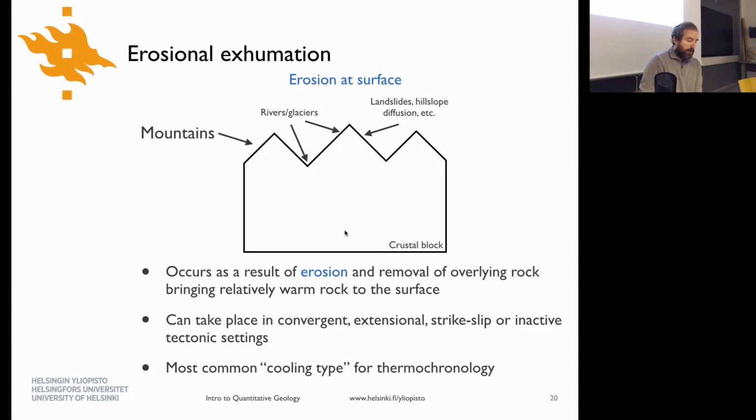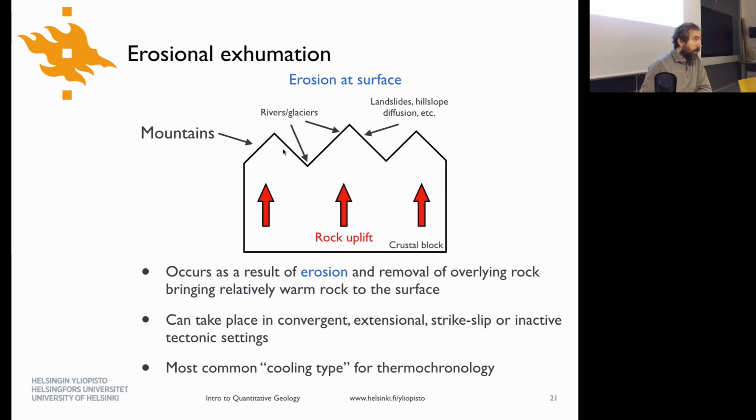What this does over long time scales is remove overlying rock and cause the rock underneath to move upwards. If our reference frame is the surface elevation not changing, and there's erosion happening, that means that rock underneath is continually being moved up toward the surface.